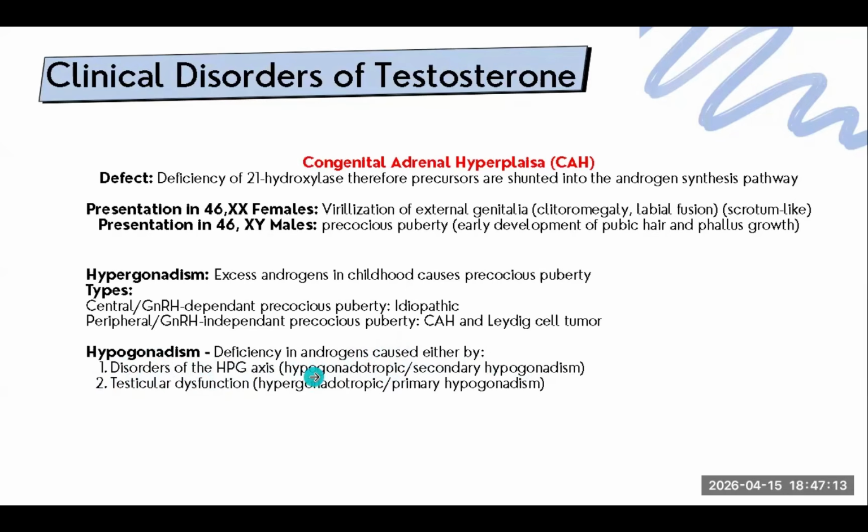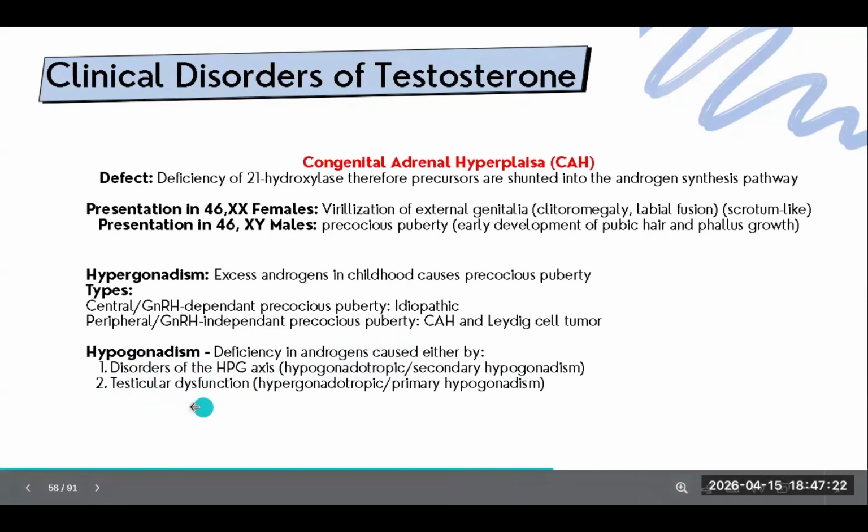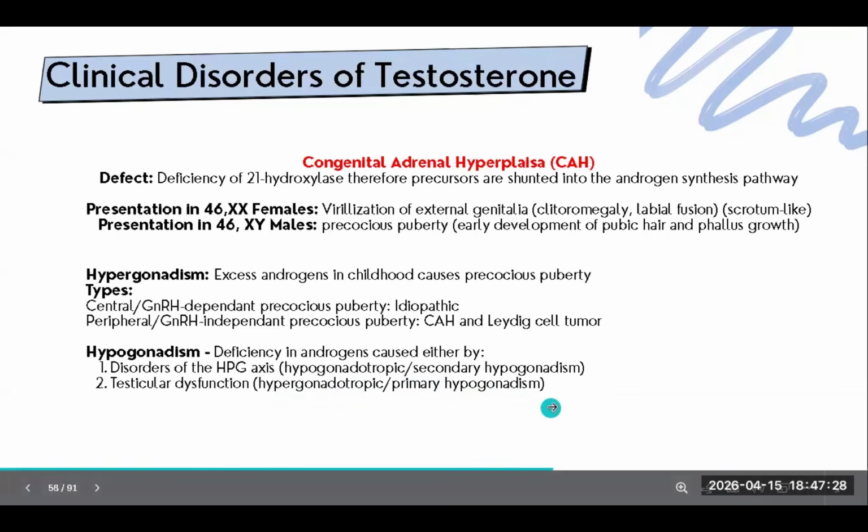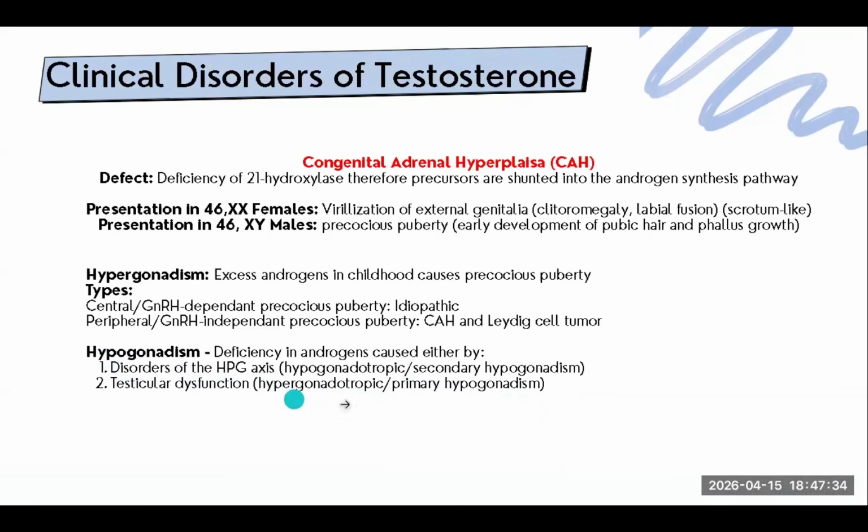Doctor also mentions this term with this, so it would be hypogonadotropic hypogonadism. The second type is testicular dysfunction, and it's also known as hypergonadotropic or primary hypogonadism. And the doctor mentions this term with this term, so it would be hypergonadotropic hypogonadism.